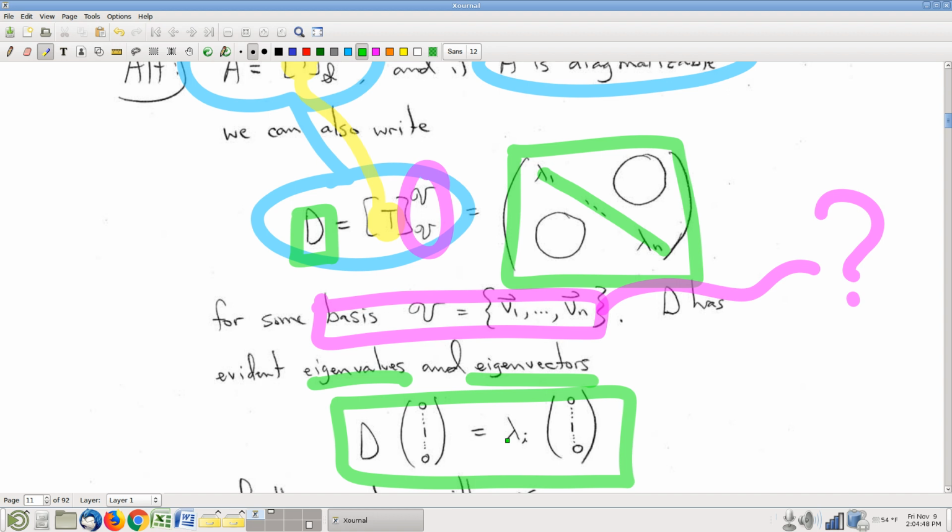You're talking about the D matrix up there? No, the lambda I. Oh, this is a scalar. And then what's the matrix? This is a standard basis vector. So this is an eigenvector of D that just has a 1.